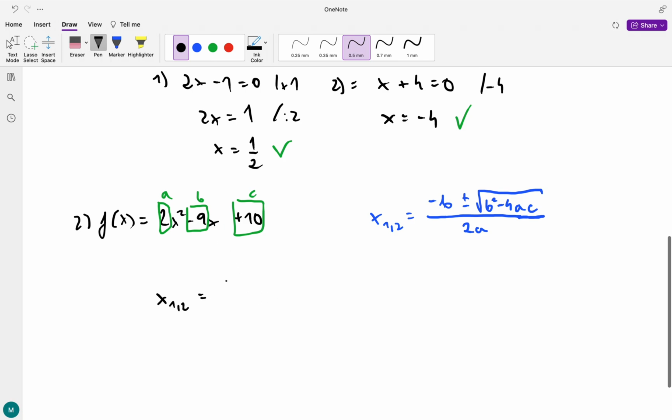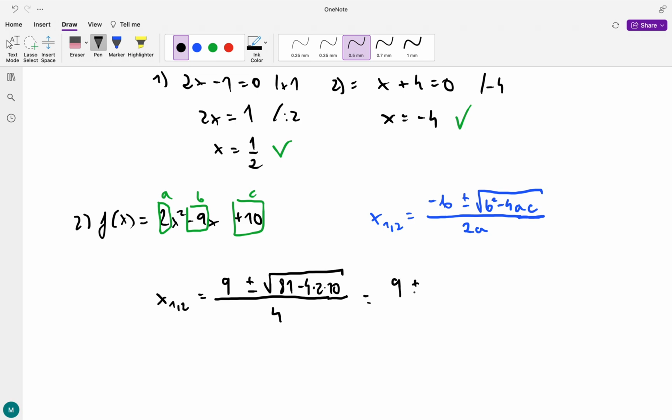So negative b is 9, right, because we have a negative sign in front, plus minus the big square root, and b squared is 81 minus 4 times a, which is 2, times c, so 4 times 2 times 10, divided by 2a, which is 4. Now let's figure out what's underneath the square root.